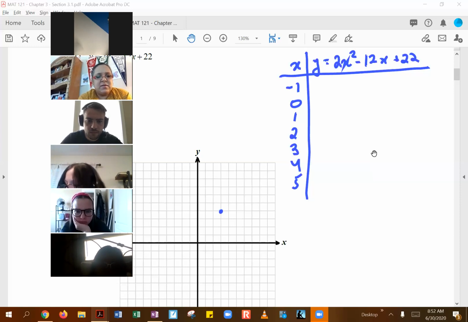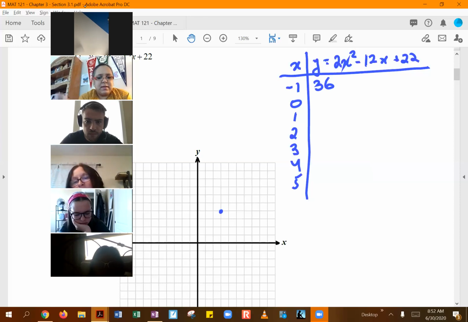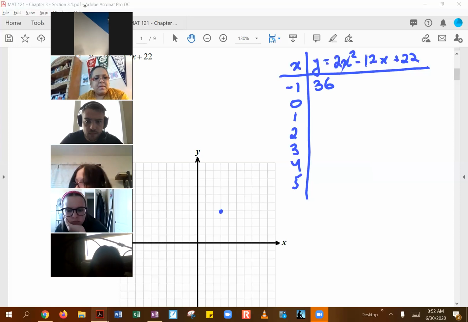Which x value? Okay, check your math again because I got a different answer for that. Yeah, that's what I had, 36, what Clinton had. Okay, for 0, what will we get? Yeah, very good, because 0 is actually pretty straightforward.